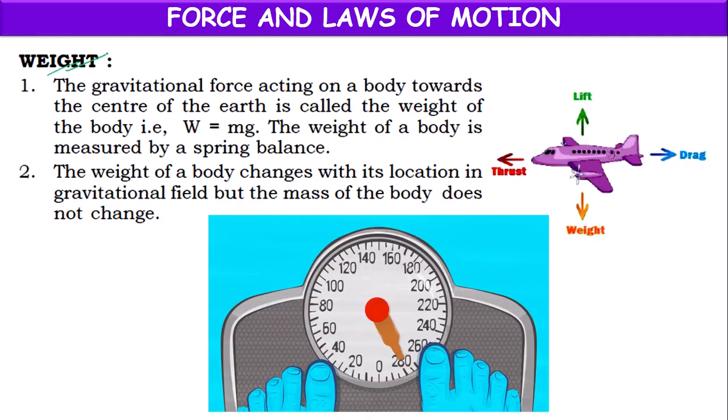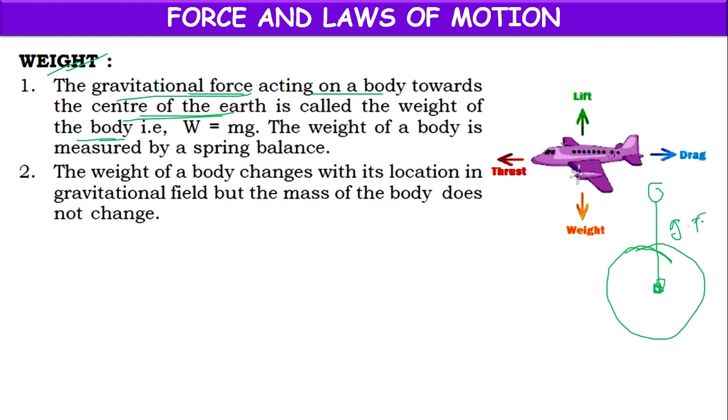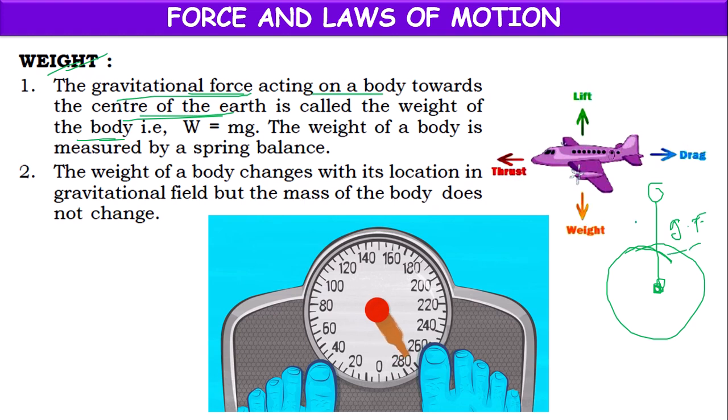Next, let's learn about weight. The gravitational force acting on a body towards the center of Earth is called the weight of the body. Any body on the Earth will be attracted towards its center by the Earth, and this gravitational force acting on the body towards the center of the Earth is called the weight of the body.